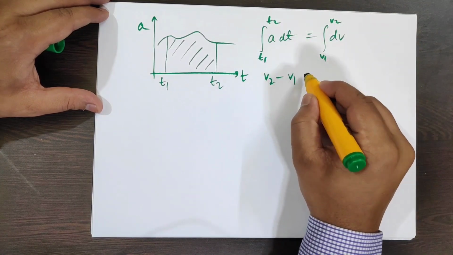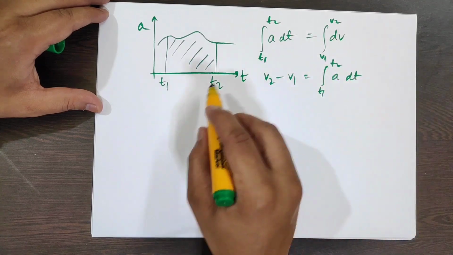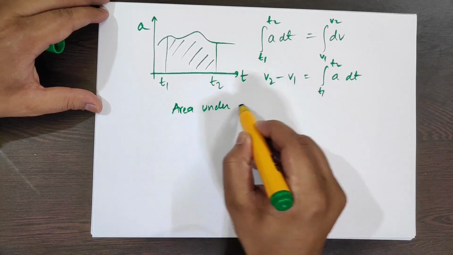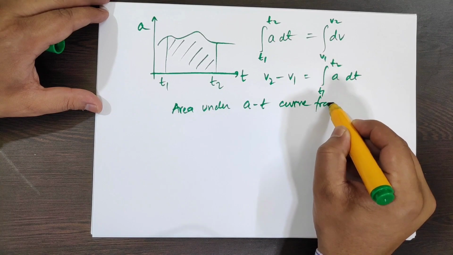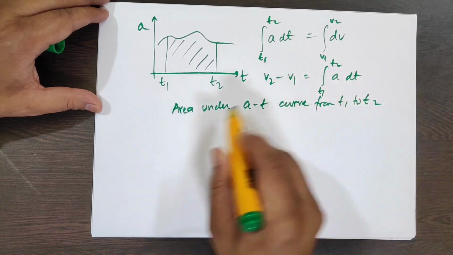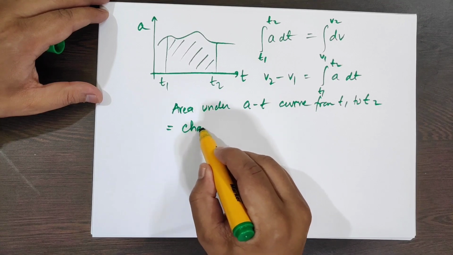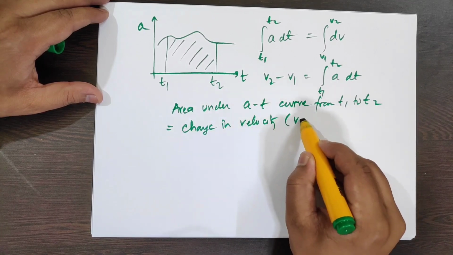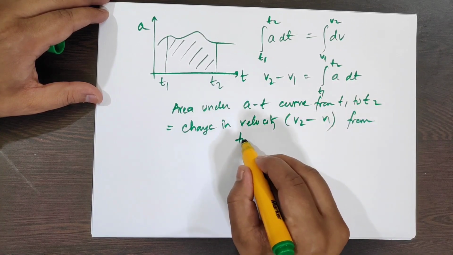So v2 minus v1 is the integration of a dt from t1 to t2. So the area under the acceleration-time curve from t1 to t2 is equal to the change in velocity, v2 minus v1, from time t1 to t2.